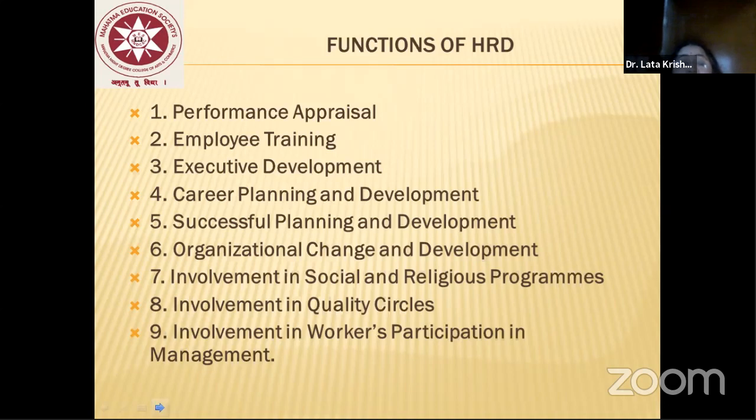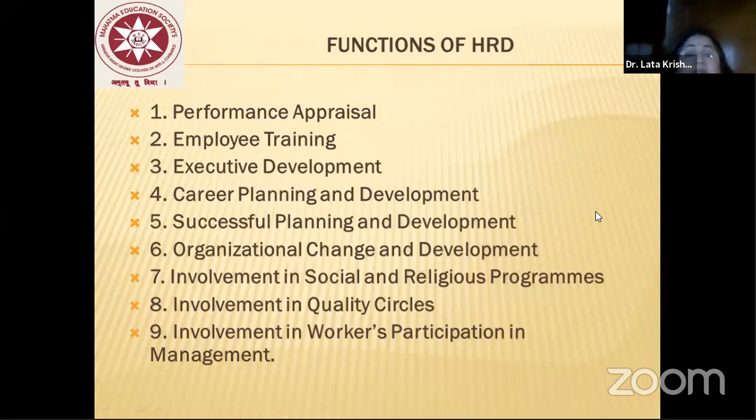Very, very important is career planning and development. I have already discussed several times career planning and development. Every employee who joins the organization has a career path, and he wants to grow, and he wants to see himself in a particular position after 5 years, after 10 years, after 15 years of working in a particular industry.